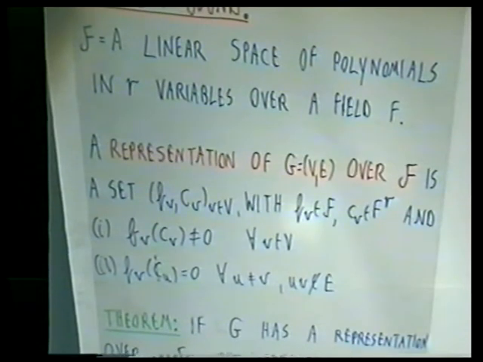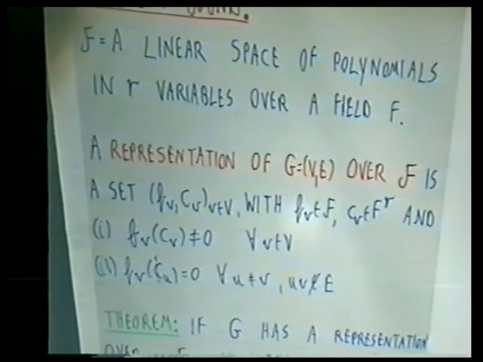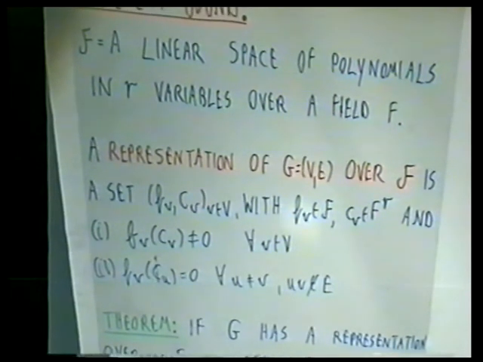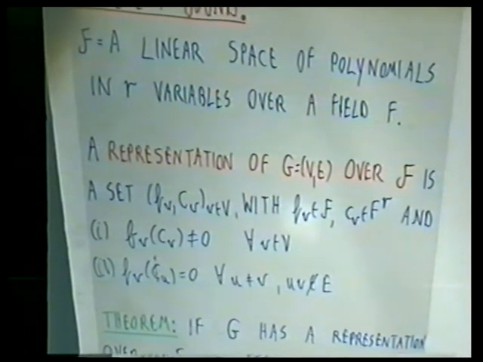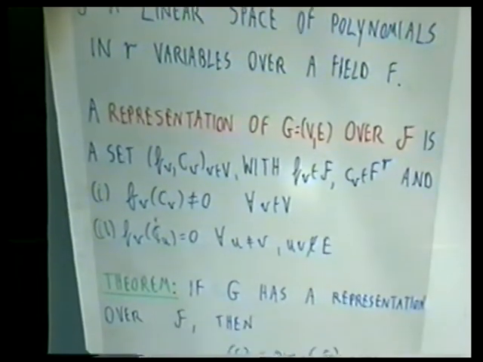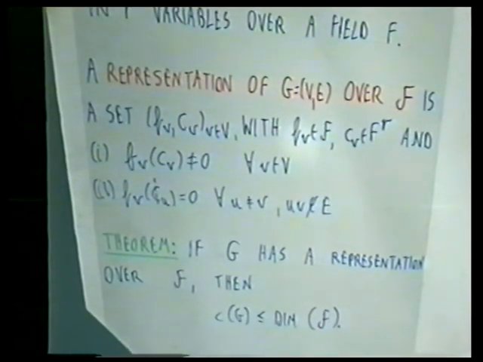You take this linear space of polynomials, and we call it script F, and you say that the graph G has a representation over this script F if you can associate each vertex v with a polynomial in this linear space of polynomials, polynomial f sub v, and an R-tuple. Let's say that the polynomials are in R variables, and an R-tuple of elements of the field, and it has to satisfy two simple relations.